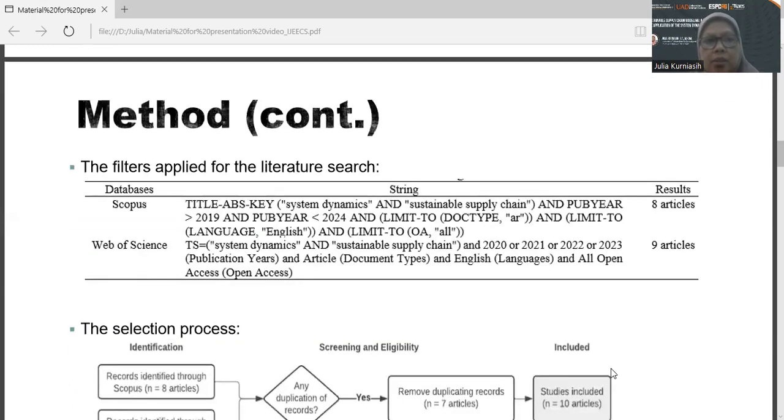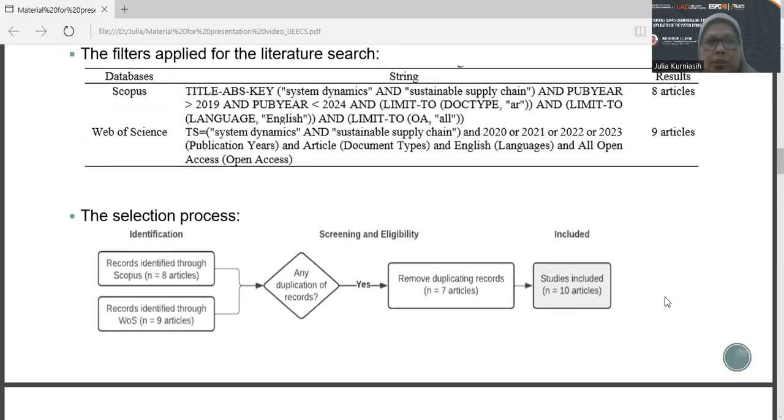The filters applied for the literature search, we can see on the table. This presents the search string and the selection process, which resulted in 8 articles from Scopus and 9 articles from Web of Science.